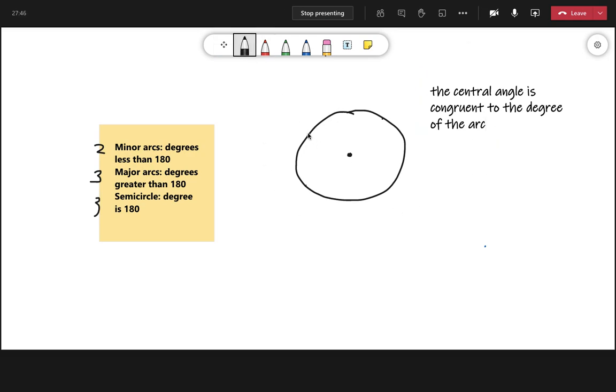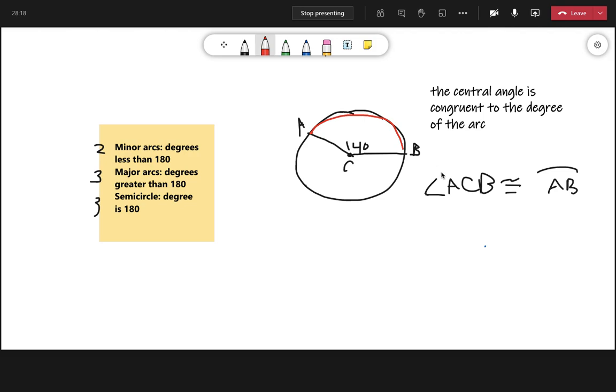So if I were to give you an angle like this, and I said this was 140 degrees. Angle ACB is congruent to the arc degree of AB. So this arc measure is the same as the measure of its central angle.